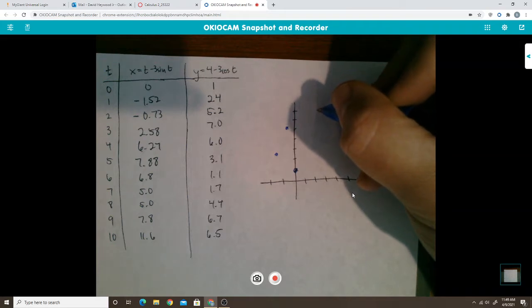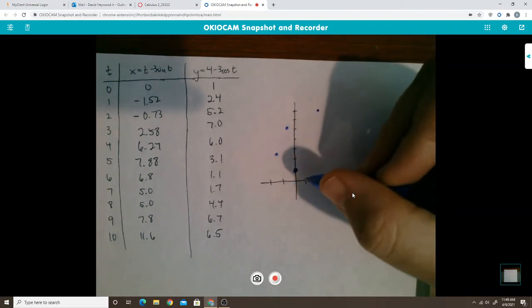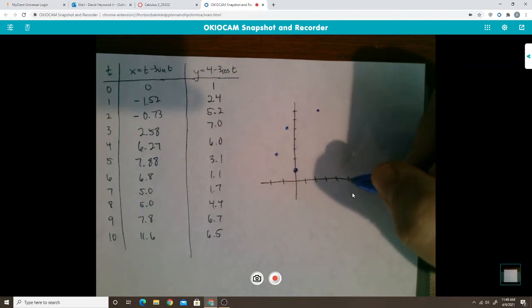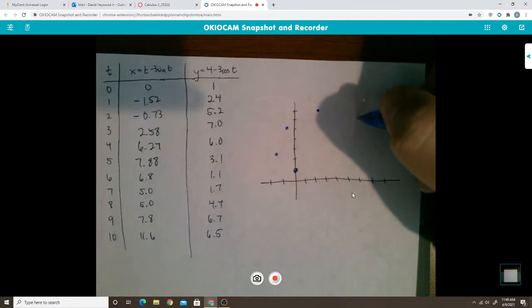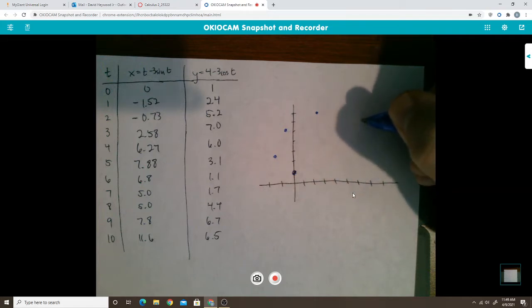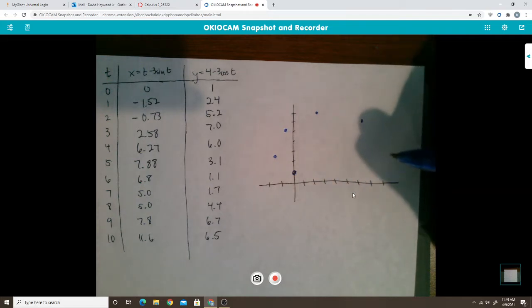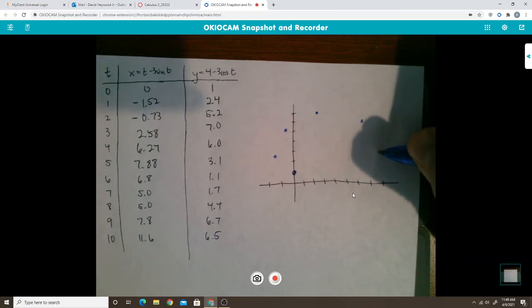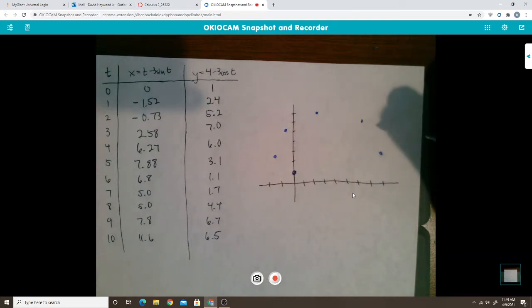So that puts me about there. 6.27, 6. 7.88 and 3.167. That's almost 8. And 3.1, maybe right about there or so.